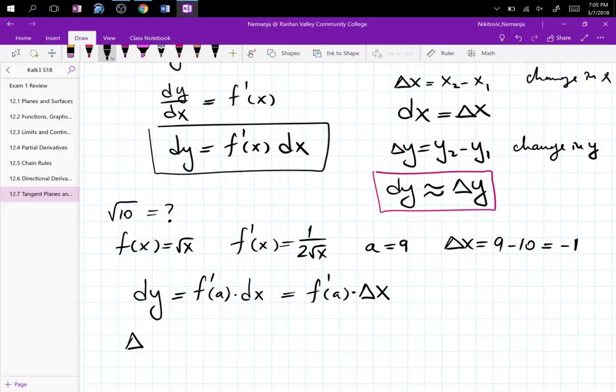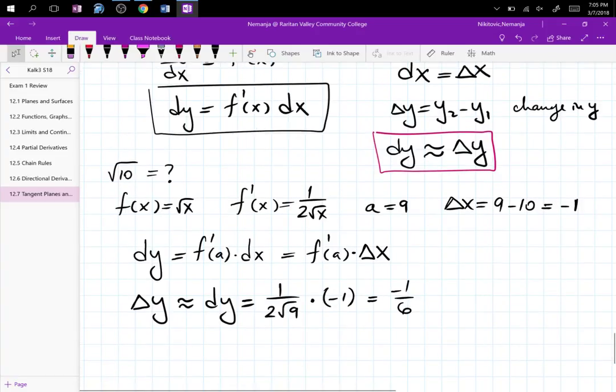The actual change of y is approximately equal to dy, which is equal to the derivative computed at 9, so that's 1 over 2 root 9, times the change, which is 1. Now this whole thing over here is 1 over 6. And that's the change in y.